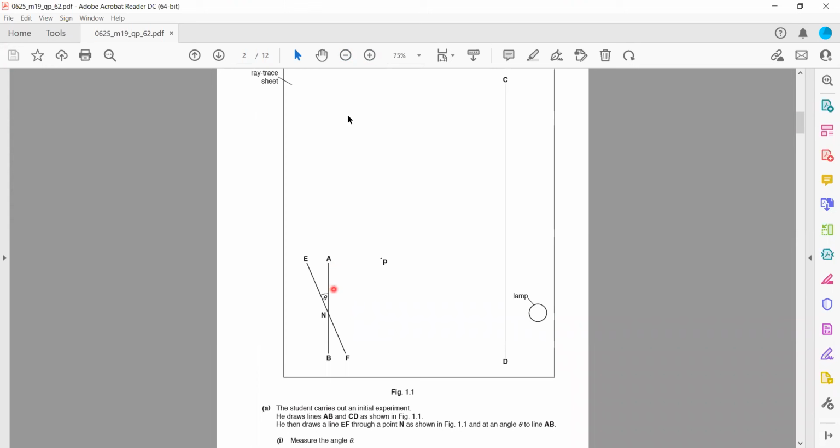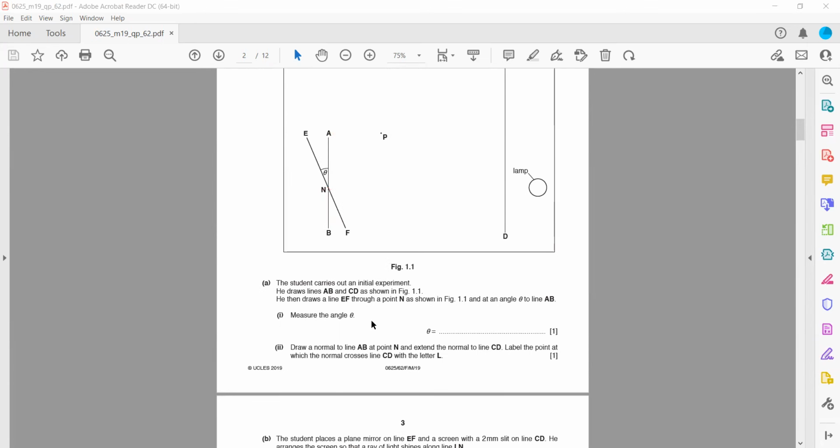So this is line AB. A normal is always perpendicular, so we place a protractor, with its center here, and mark 90 degrees. Because this is 0, this will be 90. We mark a point at 90 and draw the straight line from AB until it reaches line CD.